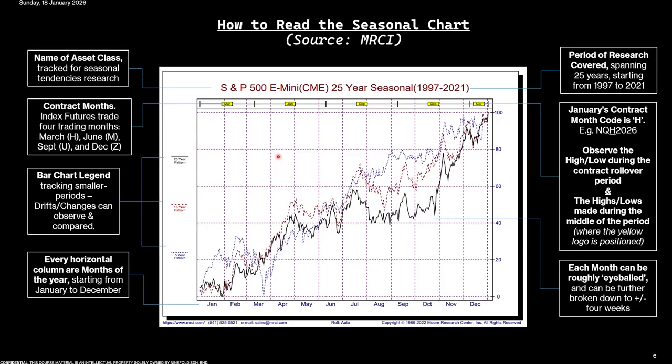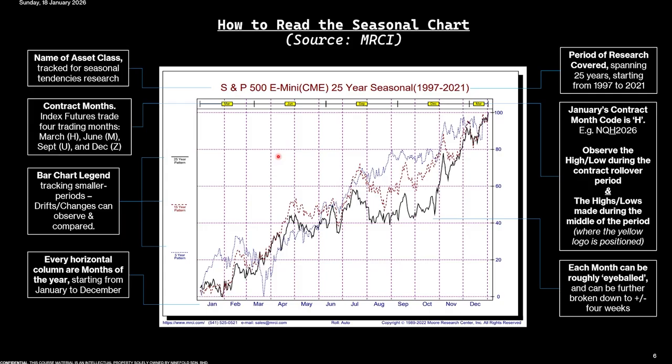There are a lot of available studies that talk about seasonality, but I believe the Moore Research Center study is the absolute best. And I highly recommend that you stick to the seasonal charts done by the MRCI.